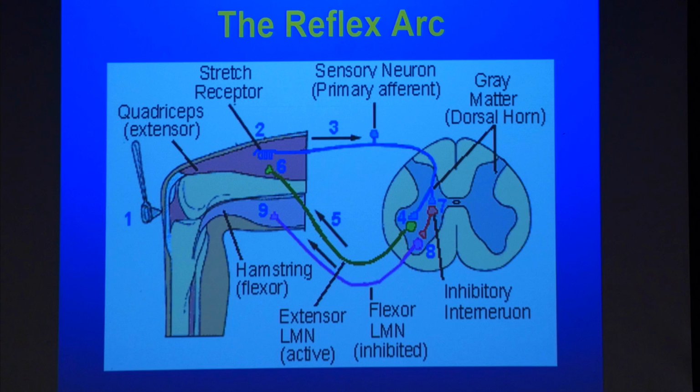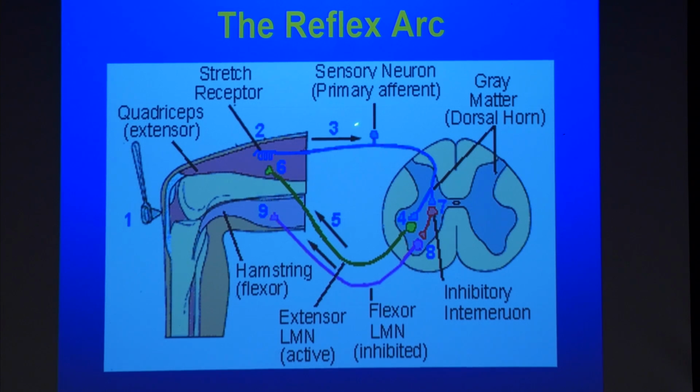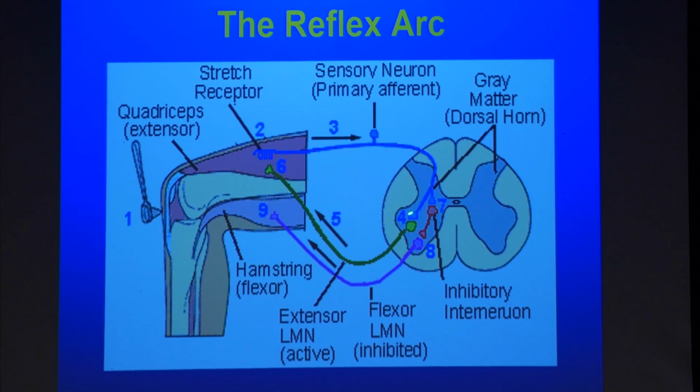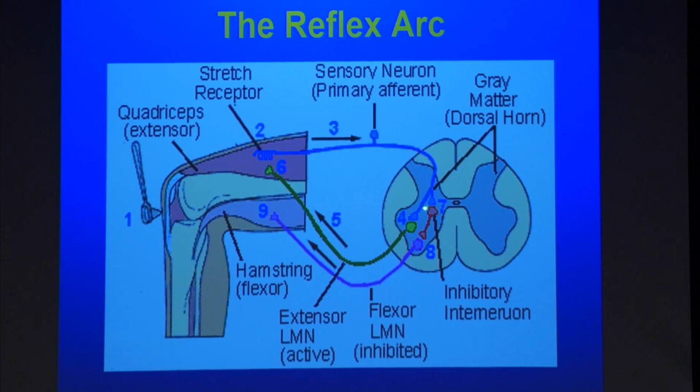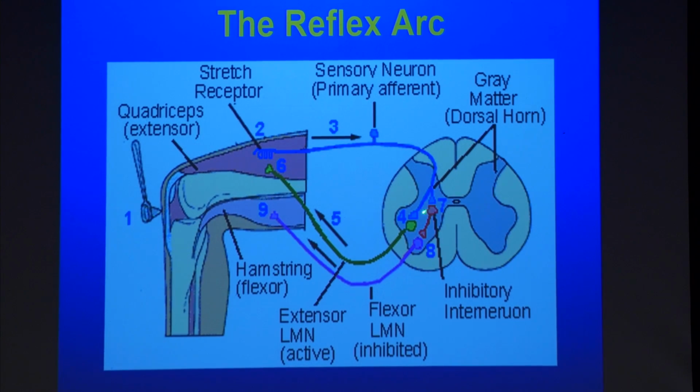So watch what happens here. We activate action potentials at the input region here in the primary sensory afferent. We followed the release of excitatory neurotransmitter onto the lower motor neuron. We've done that circuit. But the same thing happens at this interface. That is, this primary sensory afferent is synapsing onto the interneuron. The primary sensory afferent is releasing glutamate. That's turning on the glutamate receptors here in this interneuron.